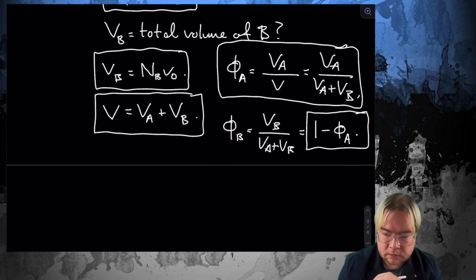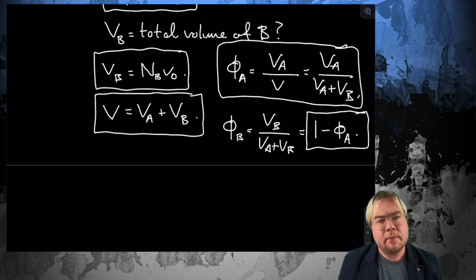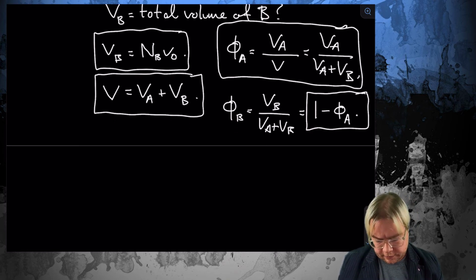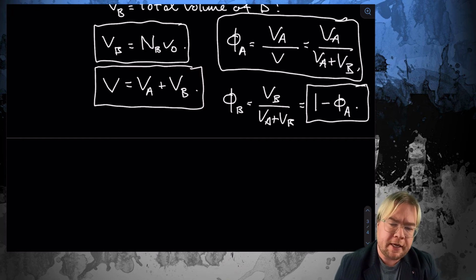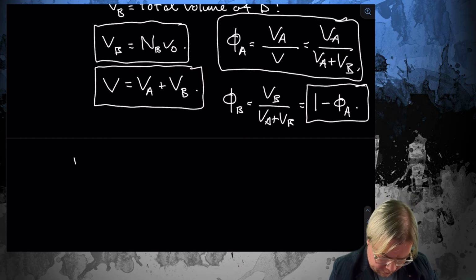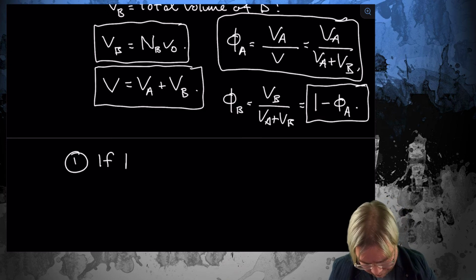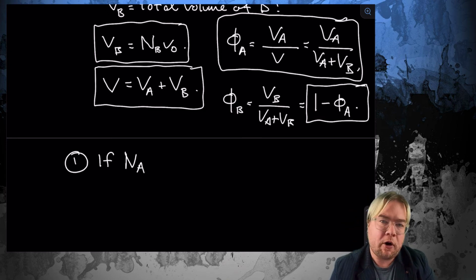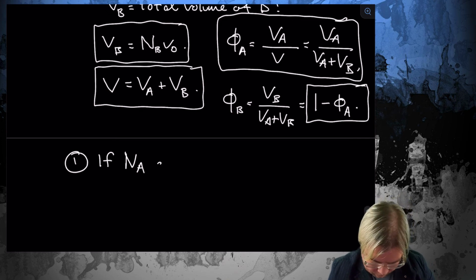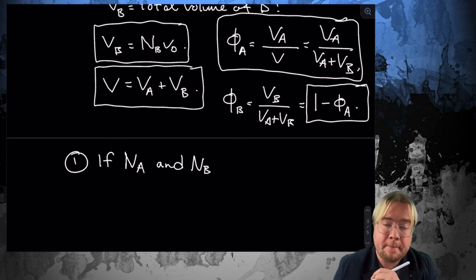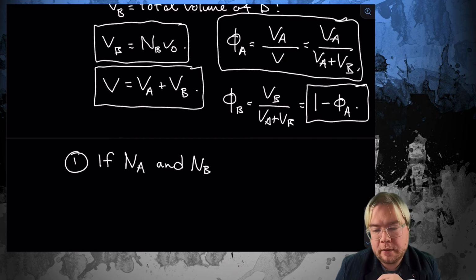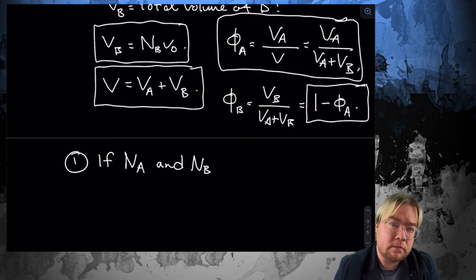All right. So I think we have everything put in place right now to start calculating this. So let me ask you a question. Think about it. If you have Na particles of A and Nb particles of B, and you combine them, will they mix?